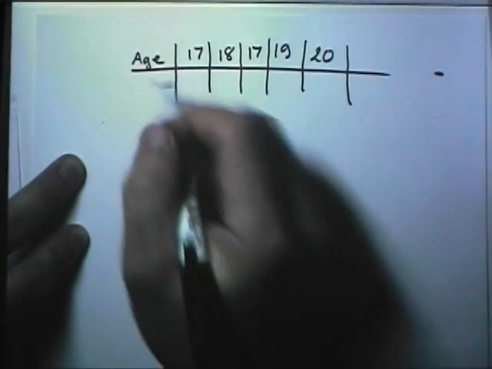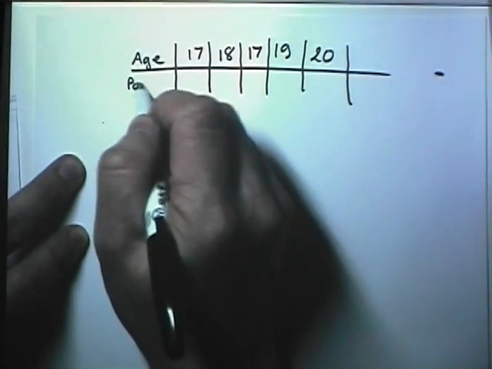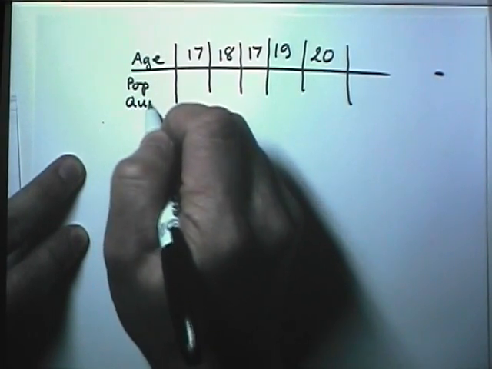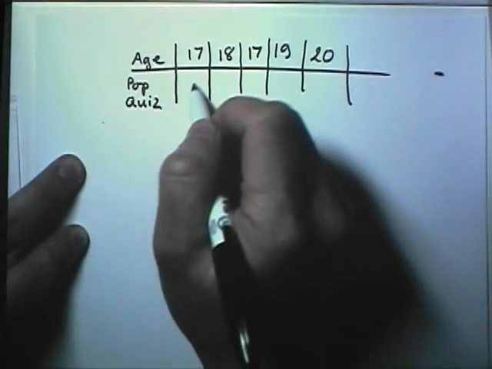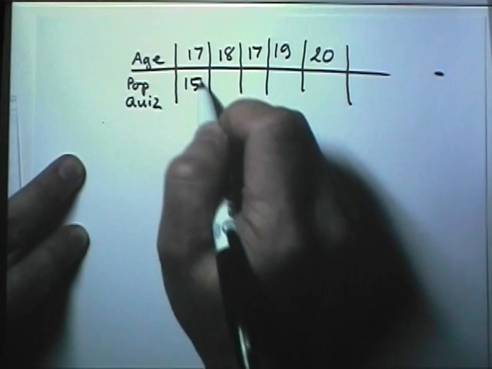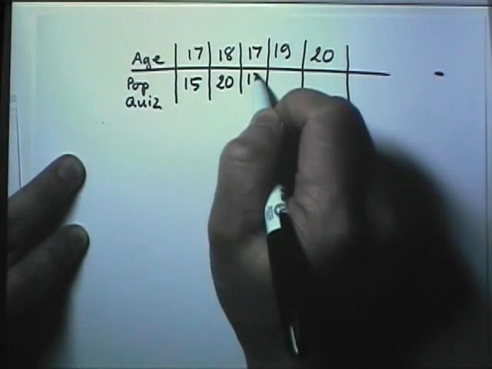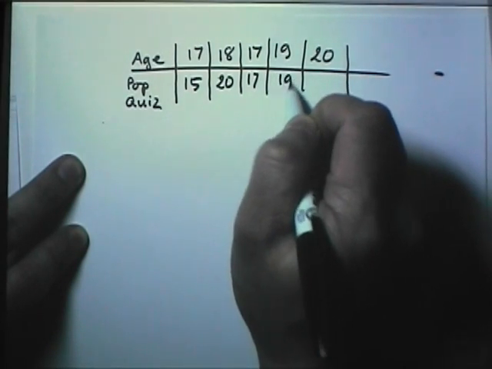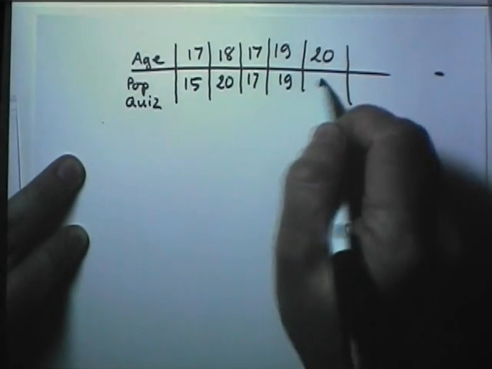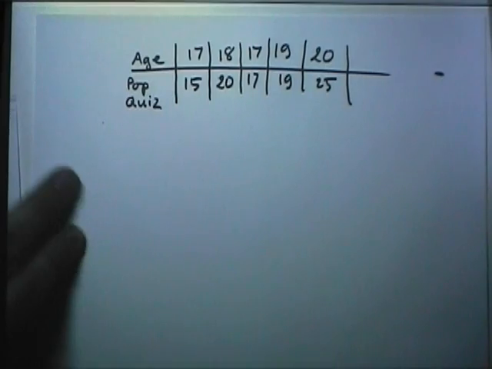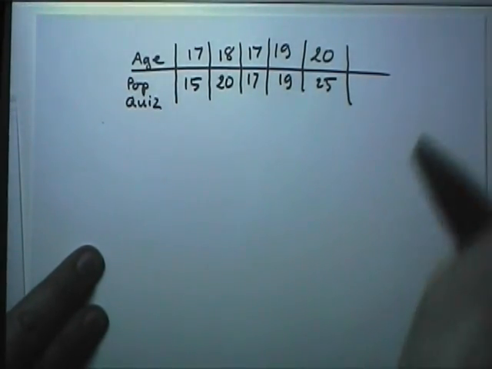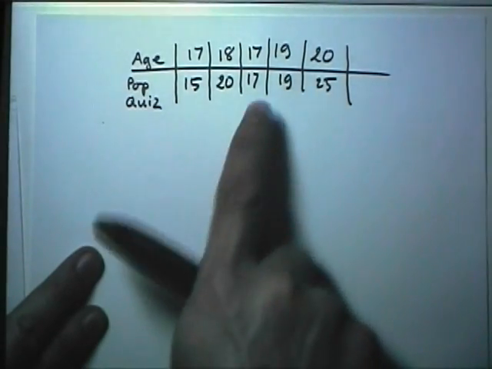Okay? And then the pop quiz score, the corresponding pop quiz scores are 15, 20, 17, 19, and 25.